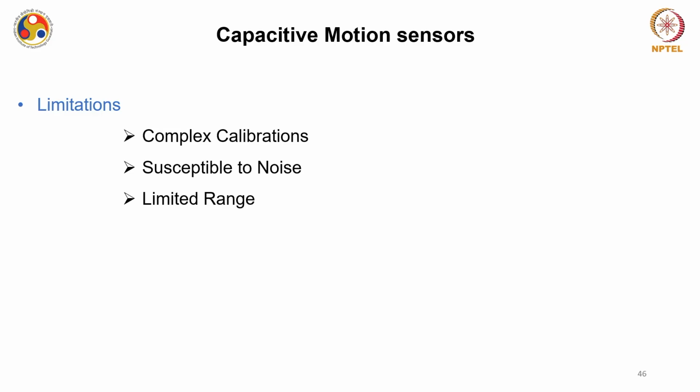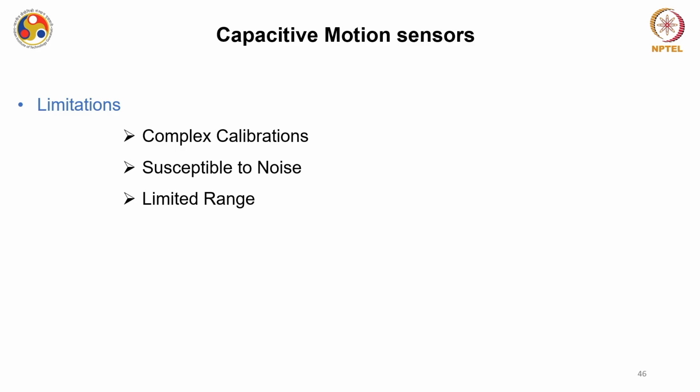So this kind of system has complex calibration, and it is also very susceptible to noise, which can be decreased by various means. Particularly, you have seen that to avoid false alarms, we have used comparators.